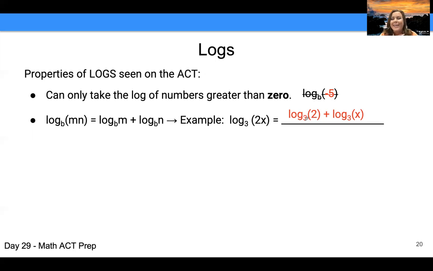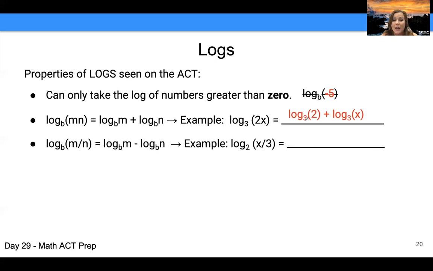Again, I can't do that myself, but my calculator can. Now, if we're dividing, we're going to subtract. So here we have log base 2 of x divided by 3. I can separate that into log base 2 of x minus log base 2 of 3. And with the calculator, I can find 2 to the what power equals 3, so I can find this second half.